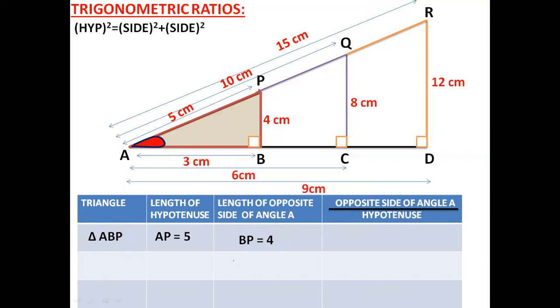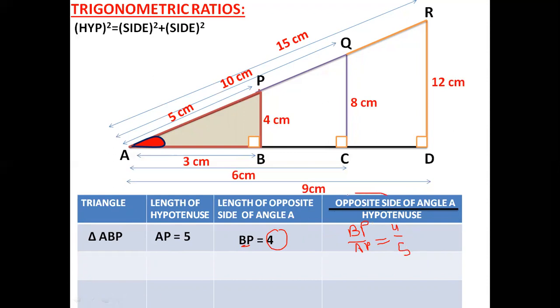Now the fourth column is opposite side of angle A by hypotenuse. Here, what is the opposite side? 4. And what is the hypotenuse length? 5. So here you have to write BP by AP, that is 4 by 5.